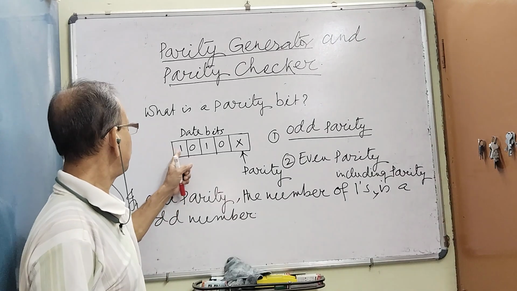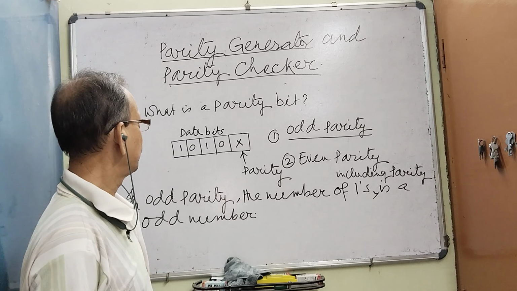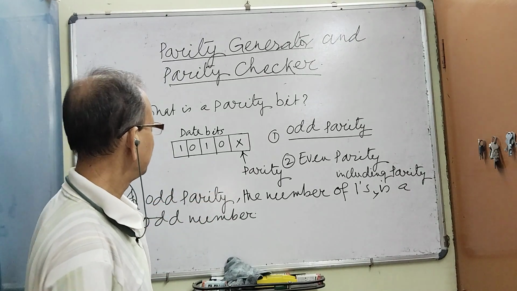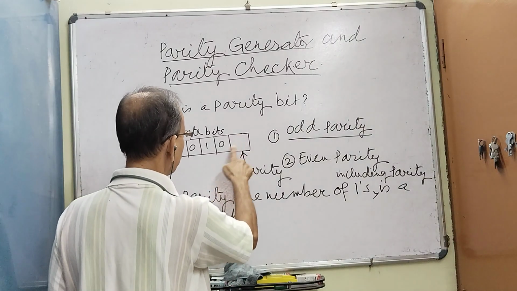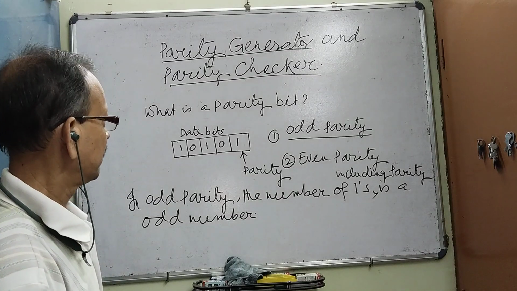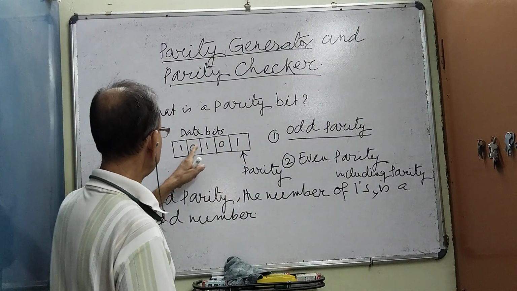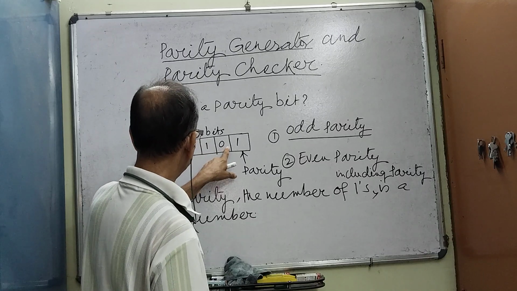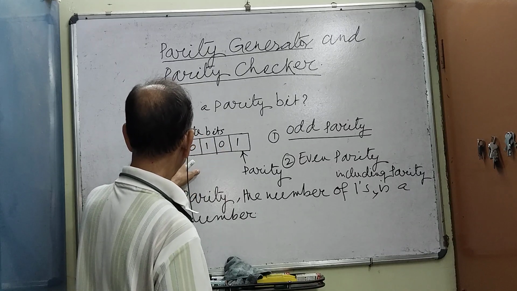Suppose if we want to check, it is odd parity, then this value will be 1. Why? Because up to here there are only 2 ones.